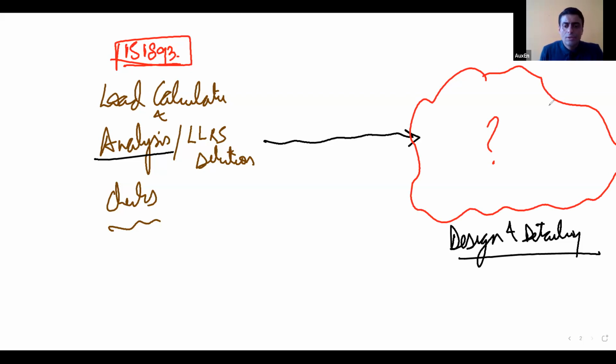Let us see. IS 1893 was launched in the year 1962, which dealt mainly with the earthquake load calculations. Then in the year 1967, for the first time, a code was launched, which was IS 4326.